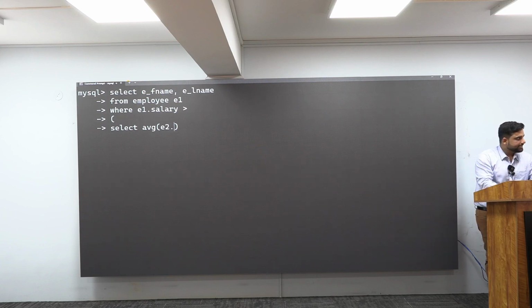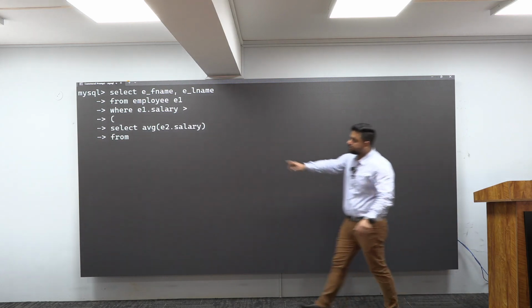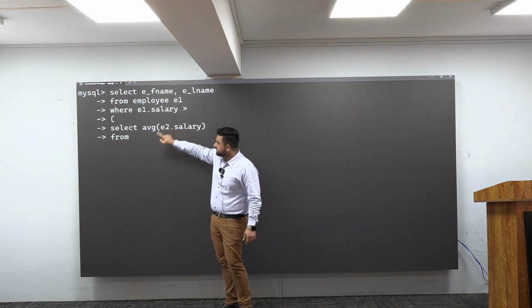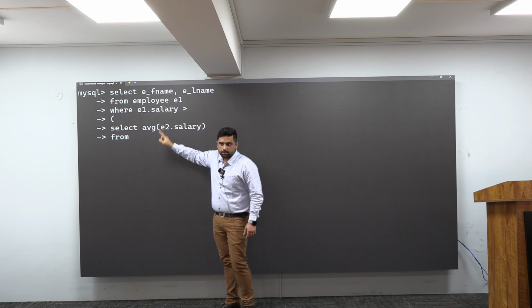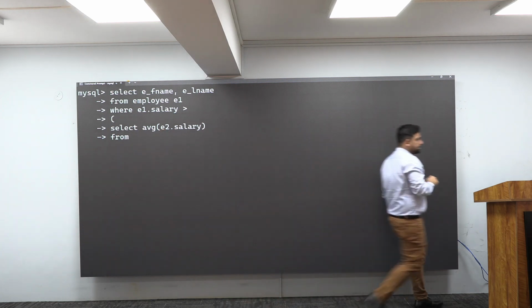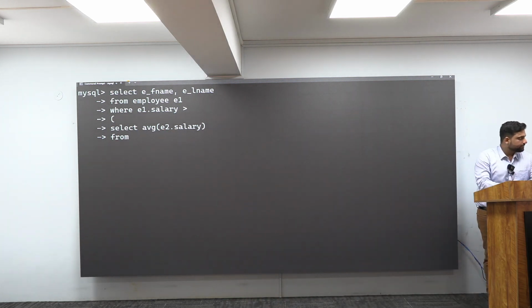E2. E2.salary from employee. I have used E2 here, but I will rename it in the from statement. The from clause will execute first, then your select will execute. Understood? So from will execute first, that is why we can do the renaming.